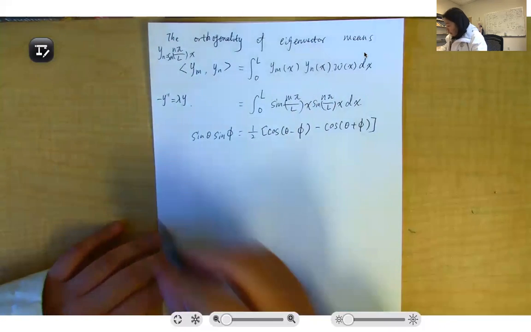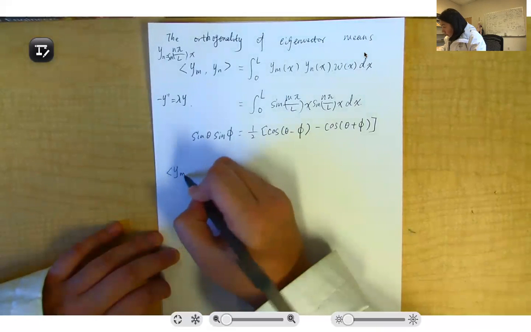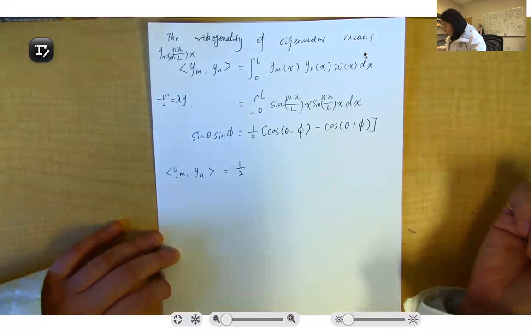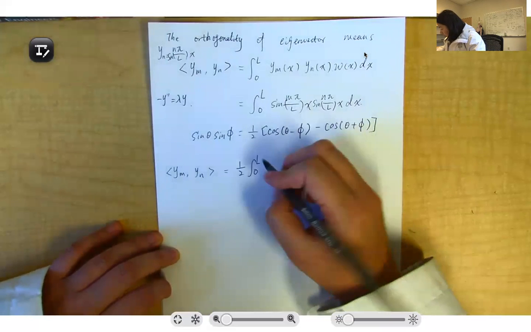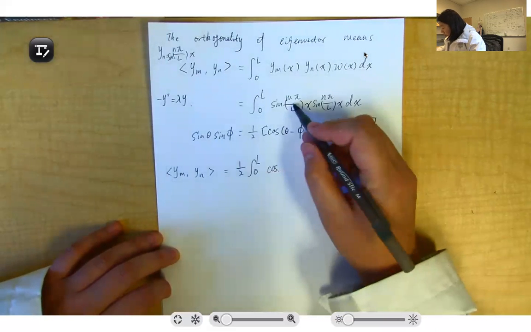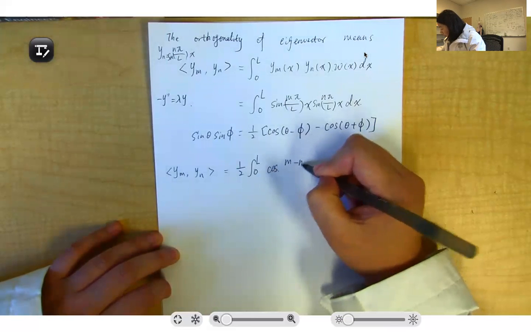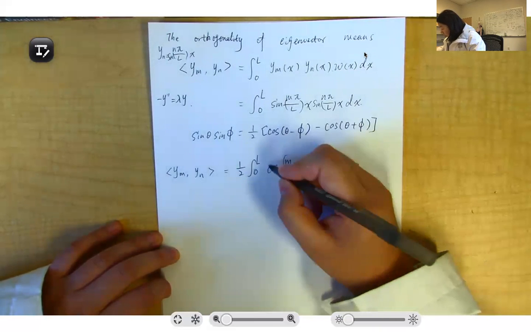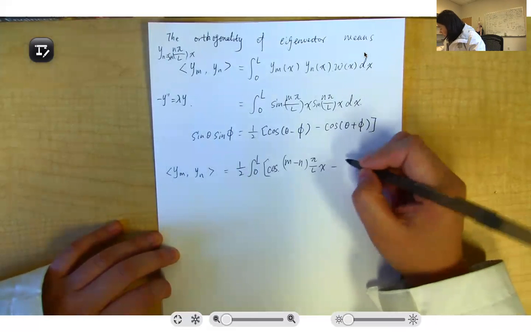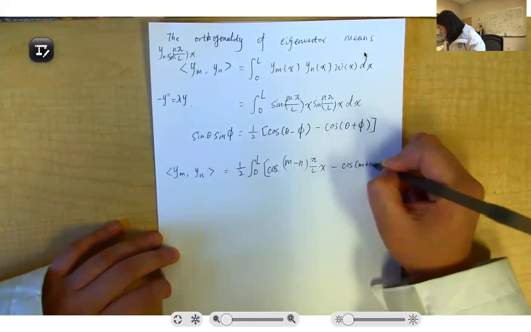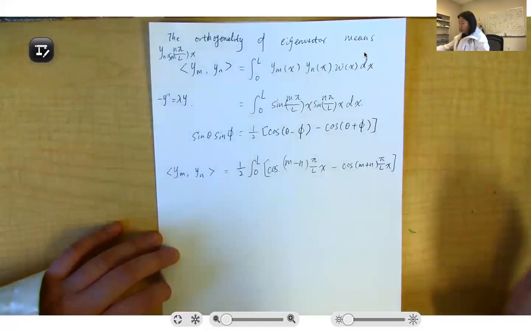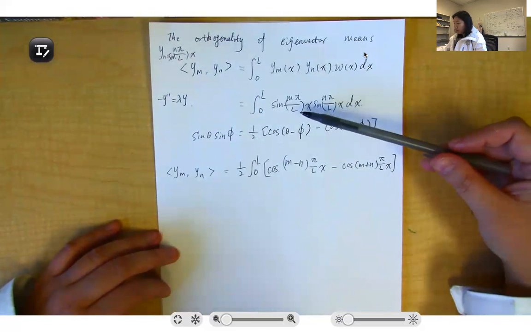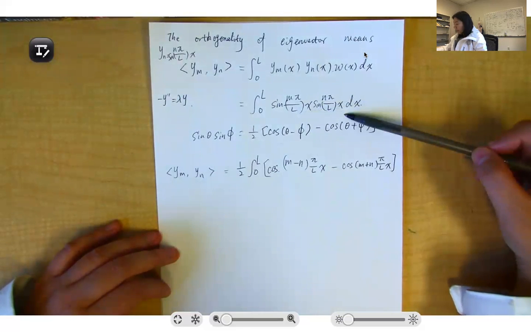Then the inner product ym, yn will be equal to half of the integral from 0 to L of cosine of (m minus n) pi over L x minus cosine of (m plus n) pi over L x. So we just use this format to represent a product of two sine functions.